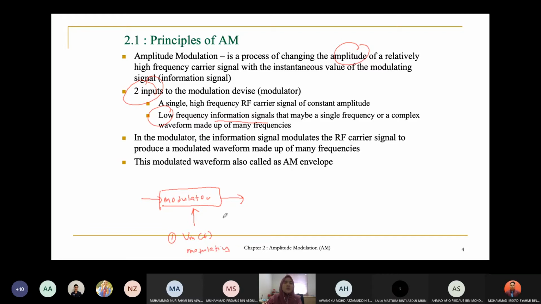The second signal is a single high frequency carrier signal of constant amplitude. So the second signal is the carrier signal, and we name it VC(t). C is carrier. And as I told you before, the modulating signal is low frequency, and the carrier signal is high frequency.